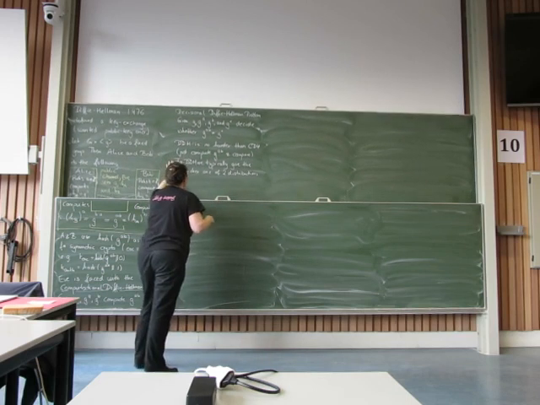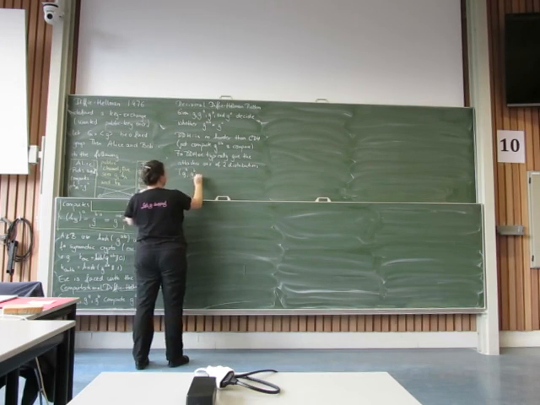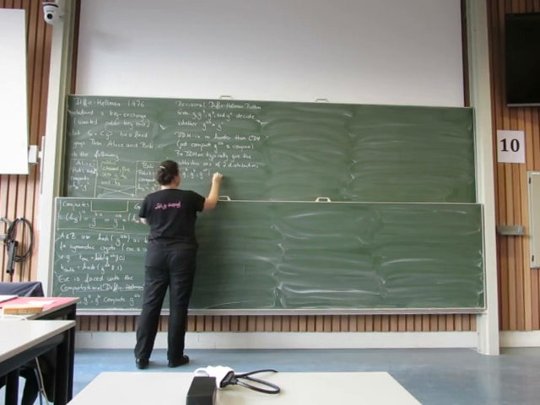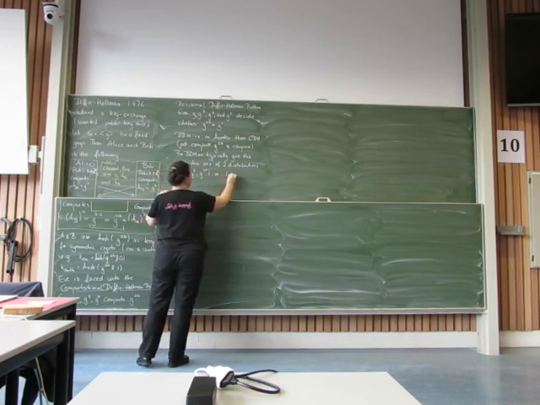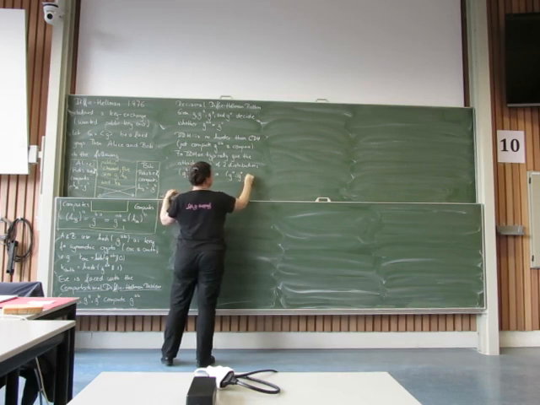Either he gets sequences of g to the a, g to the b, g to the ab, or g to the a, g to the b, g to the random.